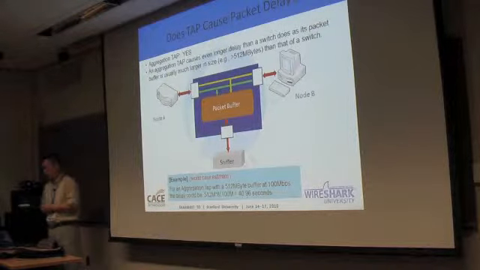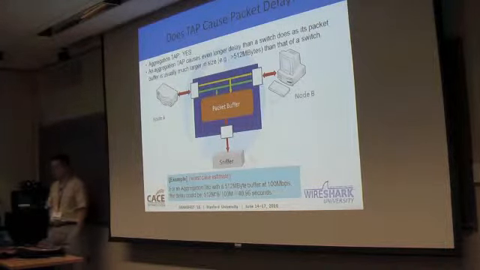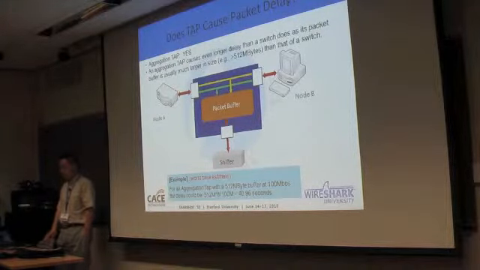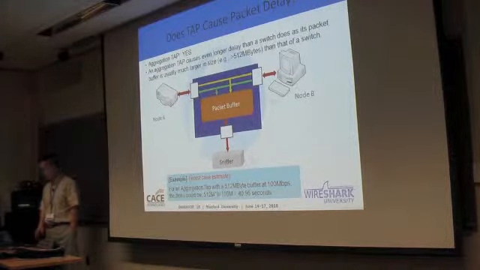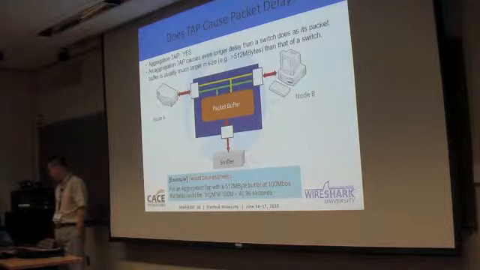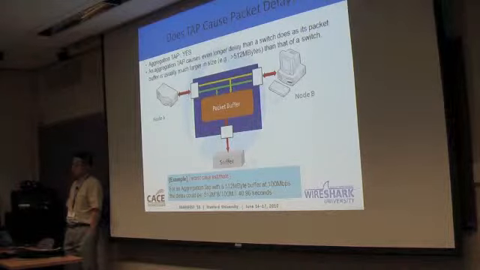But for the aggregation TAP, yes, you do. You will see a packet delay when you are using an aggregation TAP, and the aggregation TAP causes even longer delay than a switch port does.